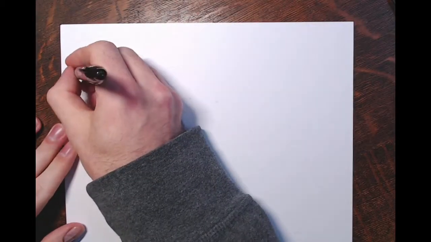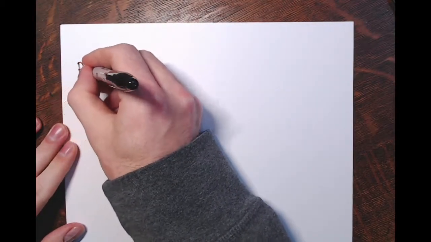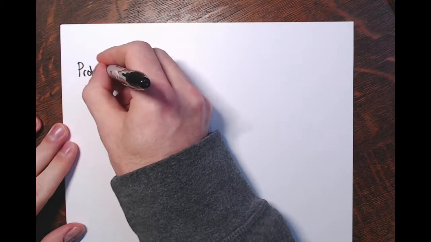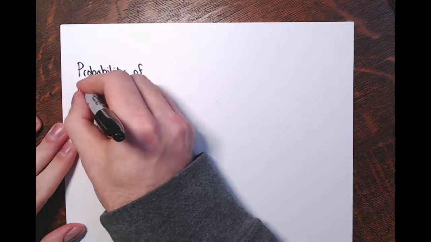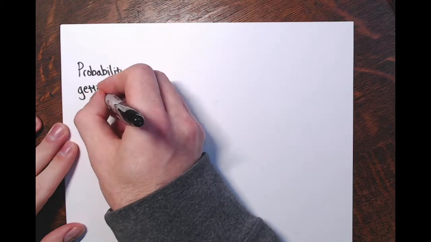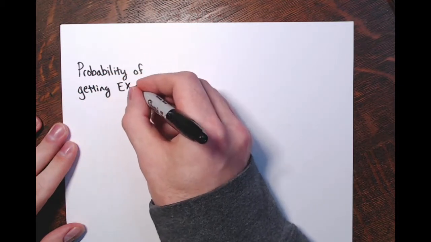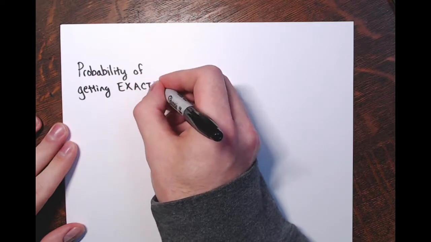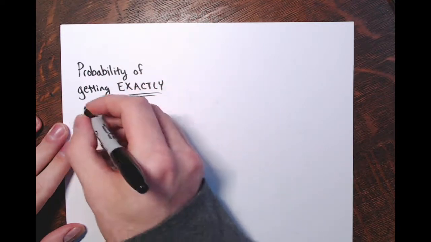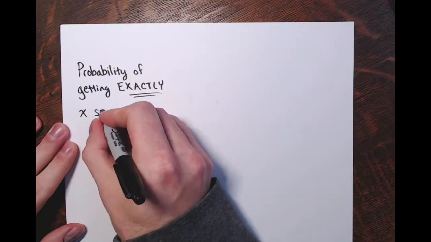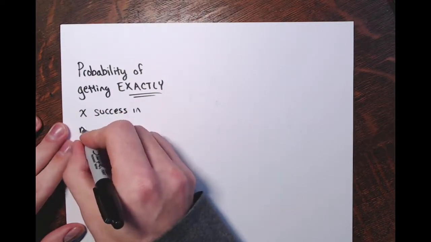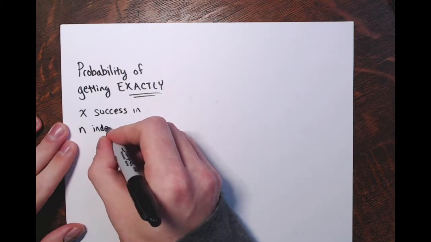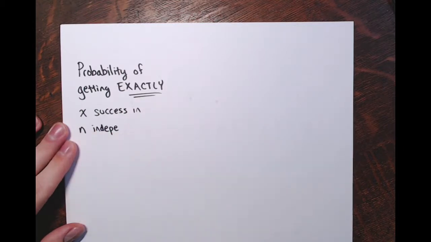So the probability of getting, this is exactly, I'll capitalize this word, exactly x successes in n independent trials of a binomial experiment.